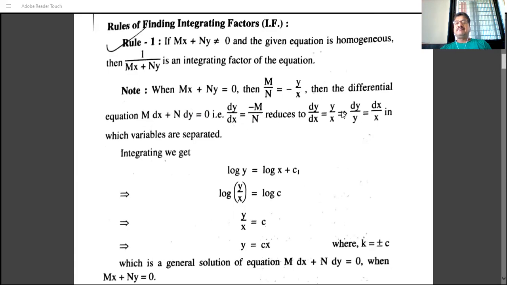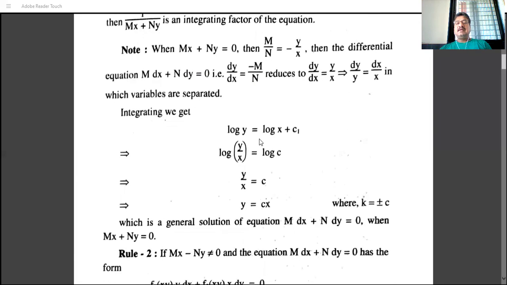So we have dy by y equal to dx by x, which is in variable separable form, and then integrating: log y equals log x plus a constant of integration, say log c. We know how to solve the variable separable differential equation: separate the variables and integrate both sides.